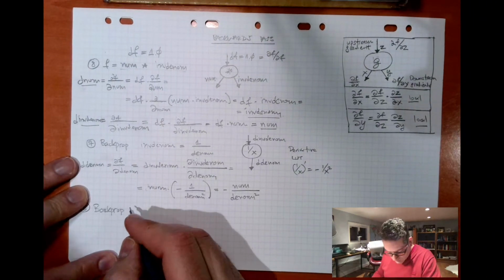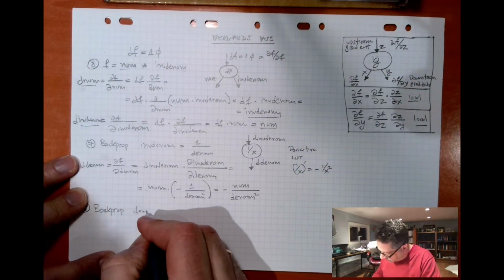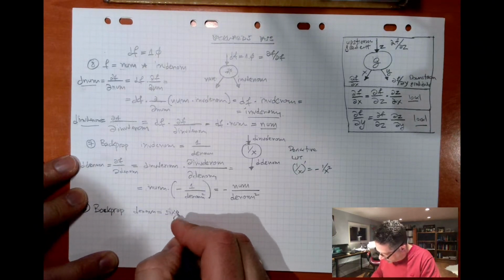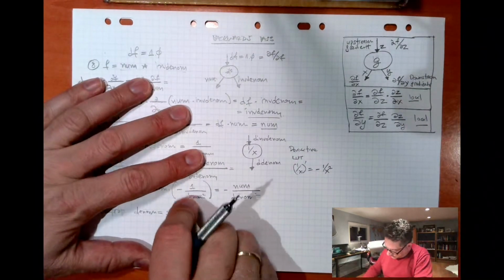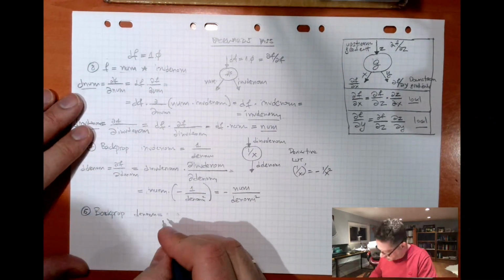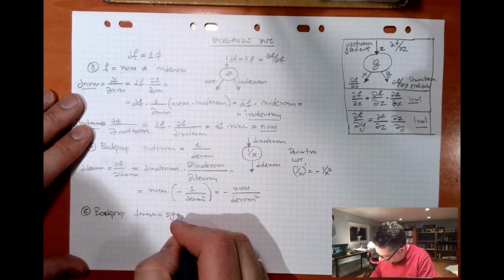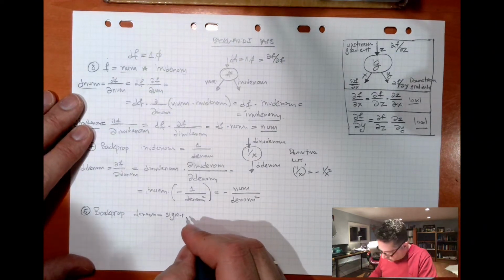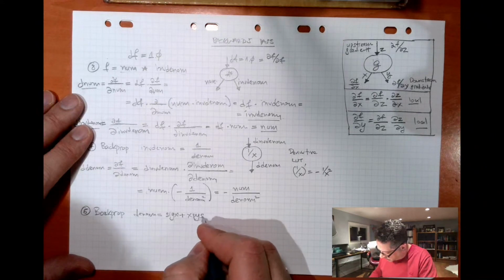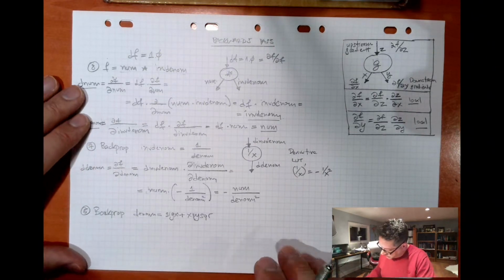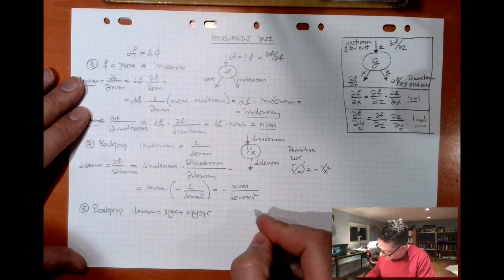The equation 6 was denom is equal to sig x plus xpy sqr. Okay, that was our equation. Which of course this equation corresponds to yet another gate.